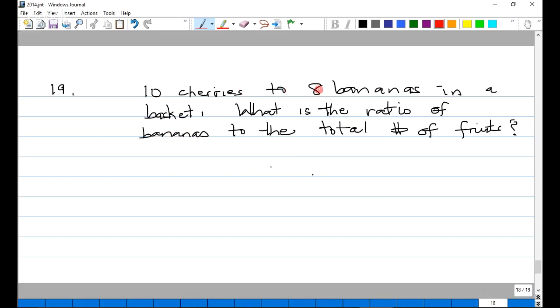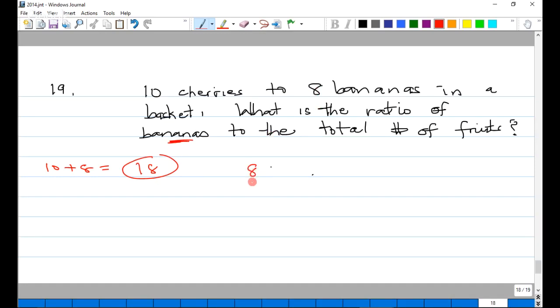We have 10 cherries to 8 bananas in a basket. What is the ratio of bananas to the total number of fruits? So we have a total of 18 fruits. Okay. So if there's 10 plus 8 giving us 18 fruits in all, then they ask me what's the total number of bananas.